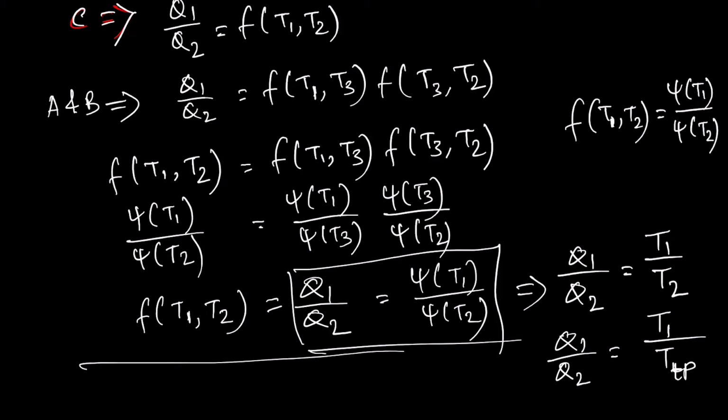Remember that for ideal cases we exactly know that Q 1 by Q 2, in the ideal gas case, is exactly T 1 by T 2. That is from our normal temperature definition itself, it gives that in an ideal gas. However, in general for non ideal gases also we can write the ratios of heat input and output as a function of the individual temperatures.